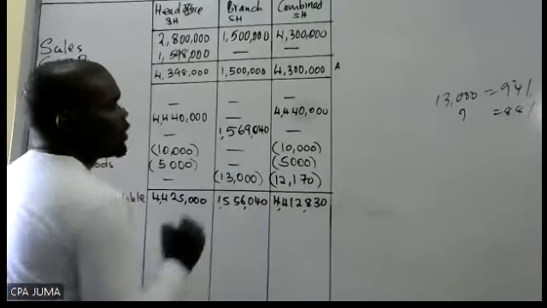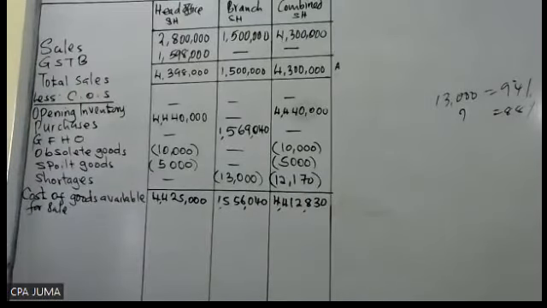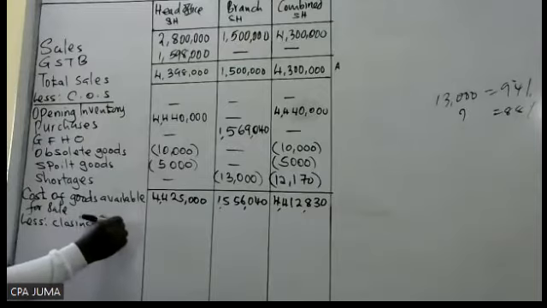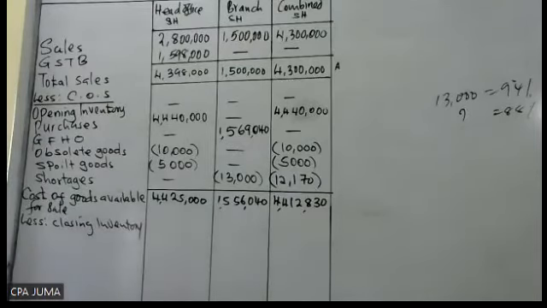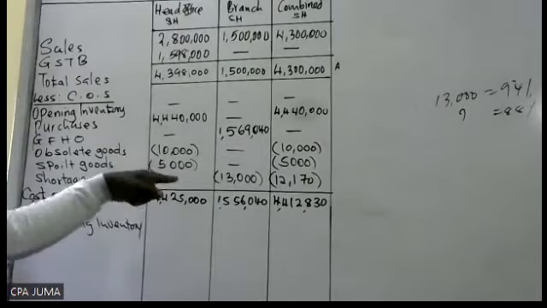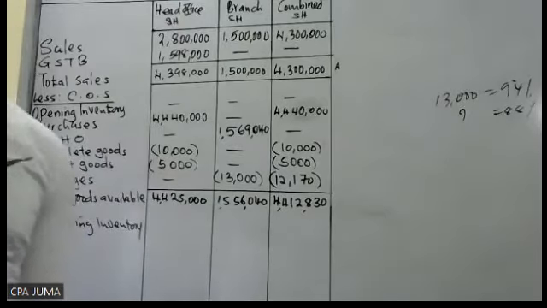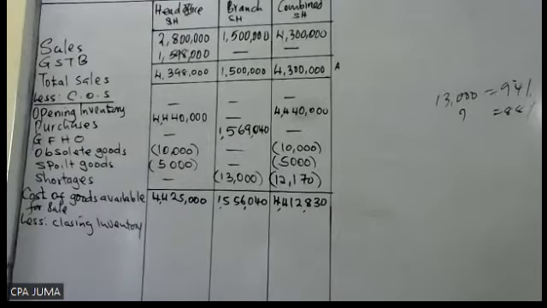Thank you. You less closing stock, the ones which were not sold, less closing inventory. The ones which we determined from valuation. Are you having the same figures? You just tell me, come online. Online, do you have the same figures? Anyone from online?